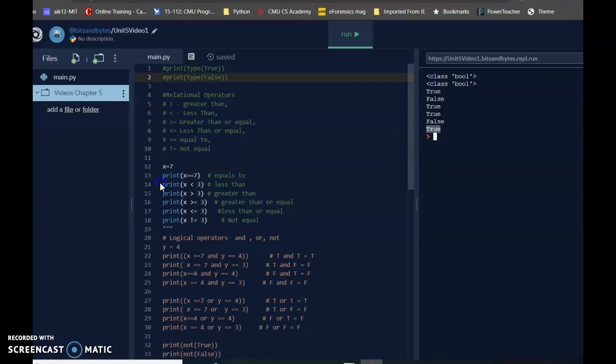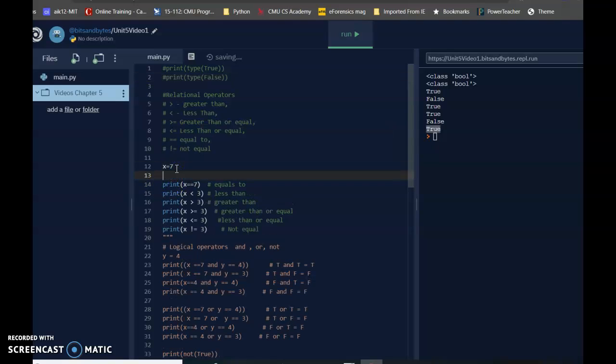I'm going to comment this out because we don't need this anymore. Next we're going to talk about logical operators.